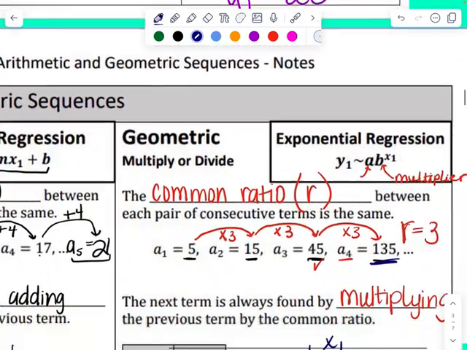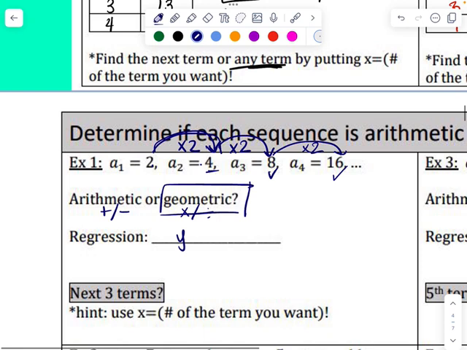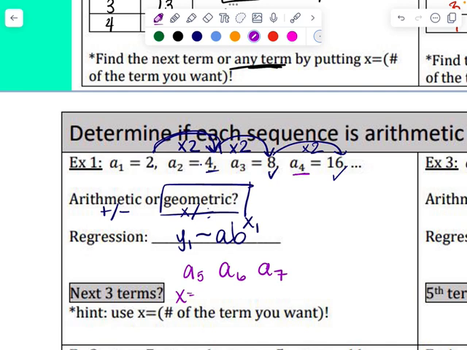And that's my exponential regression right there: y1 squiggly ab to the power of x1. And now I want the next 3 terms. So I left off at A4, so that means I want A5, A6, and A7. So I've got to find where x is equal to 5, x is equal to 6, and where x is equal to 7.